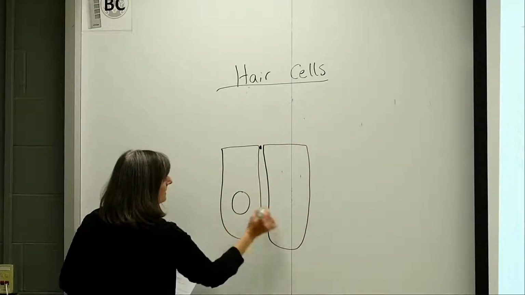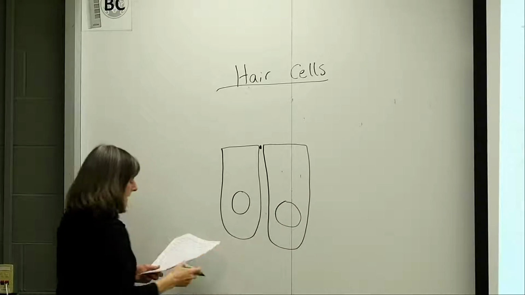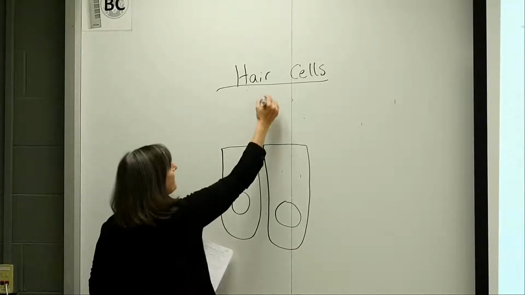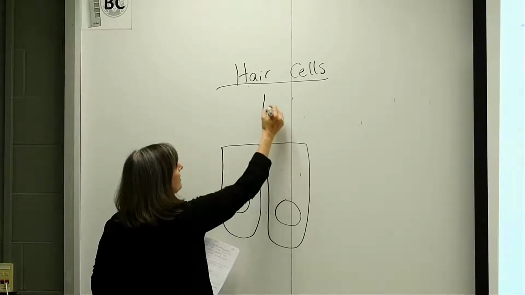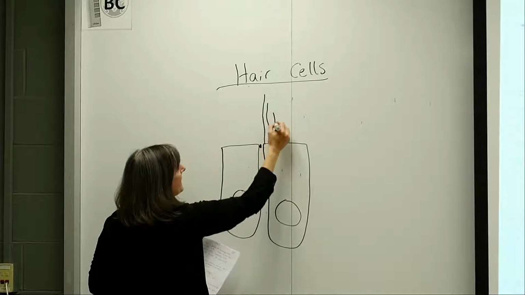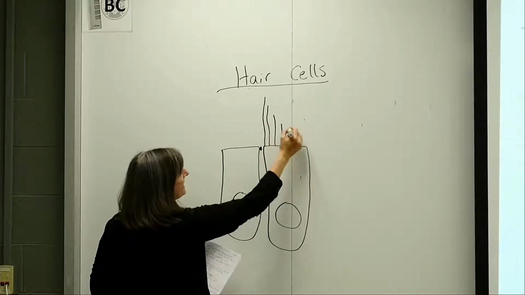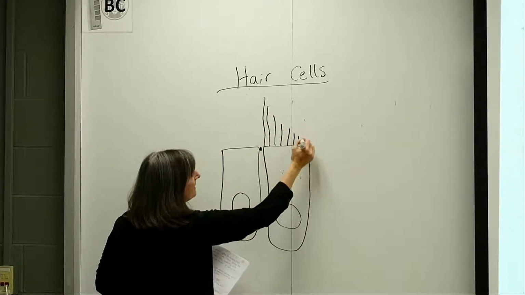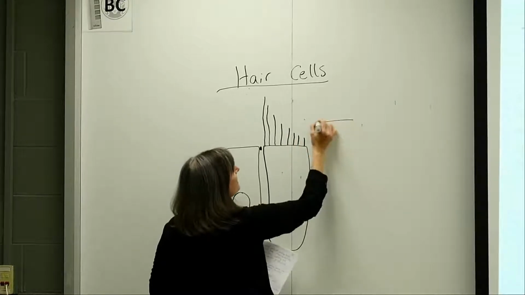They have a nucleus. And they have something called a hair bundle at the apical part. So apical means top. And they have this hair bundle that has this staircase-like arrangement of these structures called stereocilia.